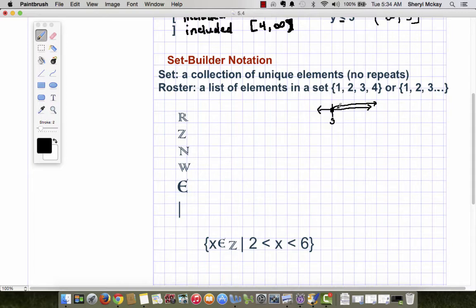The other thing is that it's not just 3 and 4, it's everything in between 3 and 4. So we wouldn't be able to list every single element in the set. That's why we use the graph, because it includes everything.